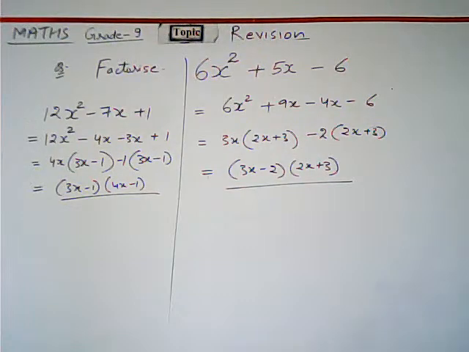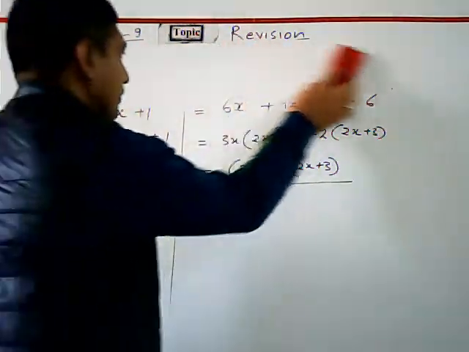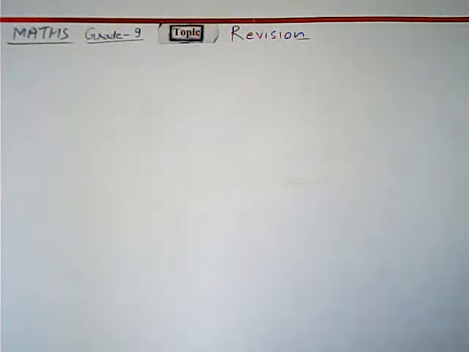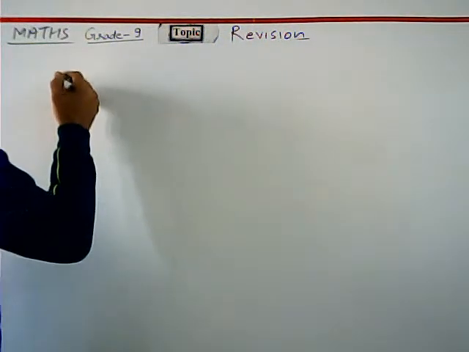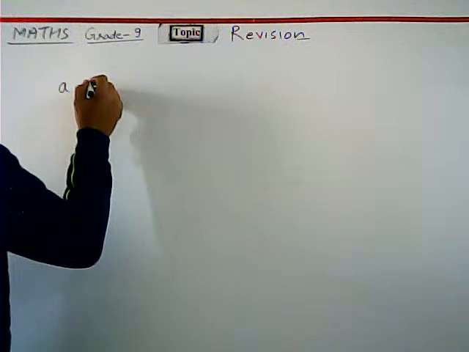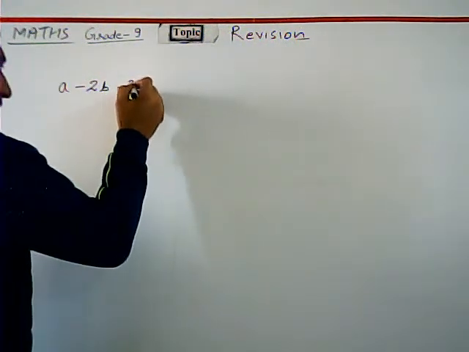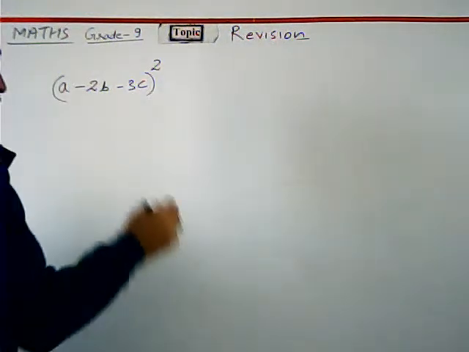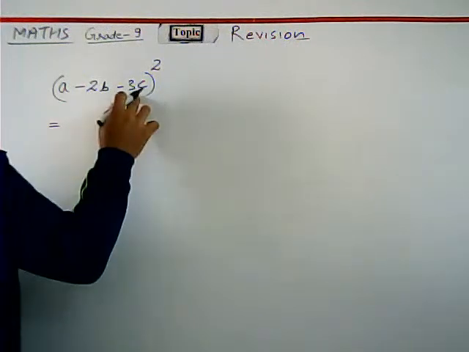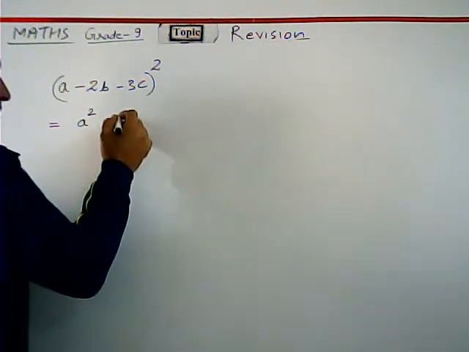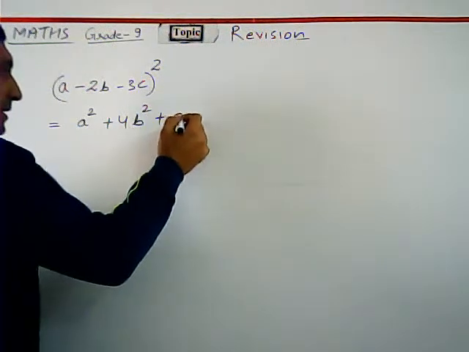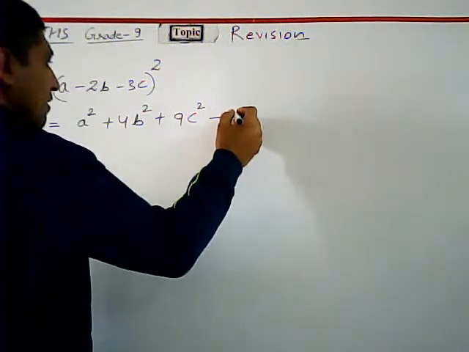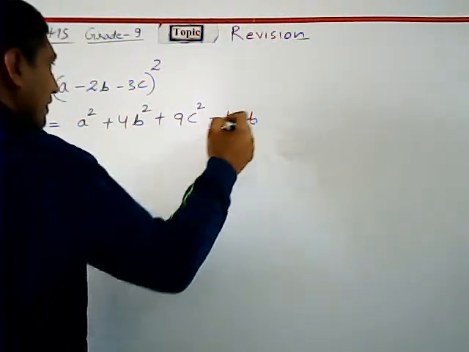And let's practice one or two more questions. If we have the identity (a - 2b - 3c) whole square. When we have to solve, the square is always positive: a^2 + 4b^2 + 9c^2, this is positive. 2ab, so it is minus 4ab, right?